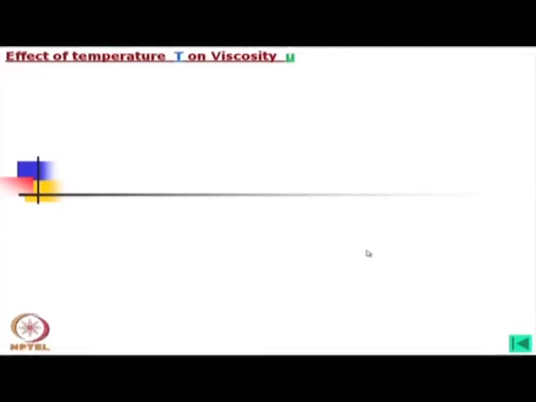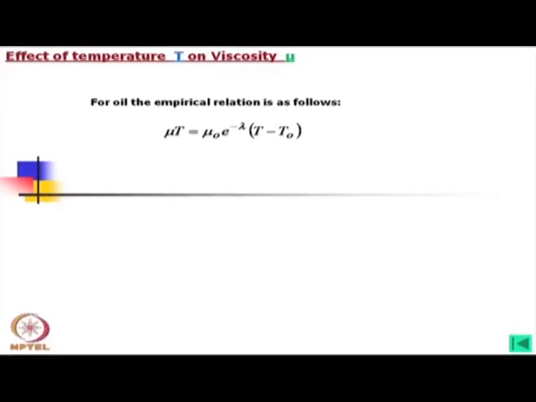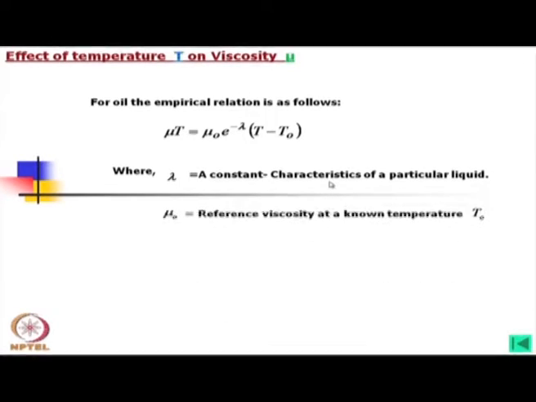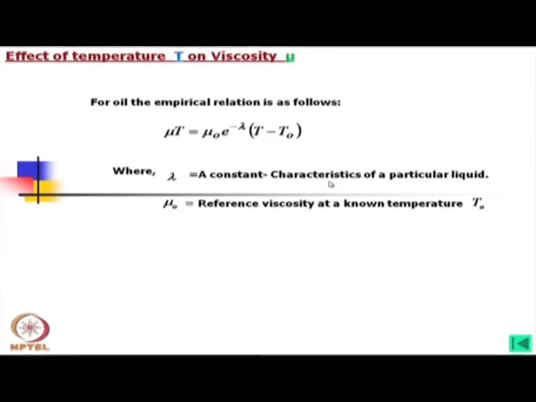Now, effect of temperature T on viscosity mu. For oil, the empirical relation is as follows: mu T is equal to mu 0 e to the power minus lambda into T minus T 0, where lambda is a constant characteristic of a particular liquid, mu 0 is the reference viscosity at a known temperature T 0, and T is the temperature at which mu is being estimated.